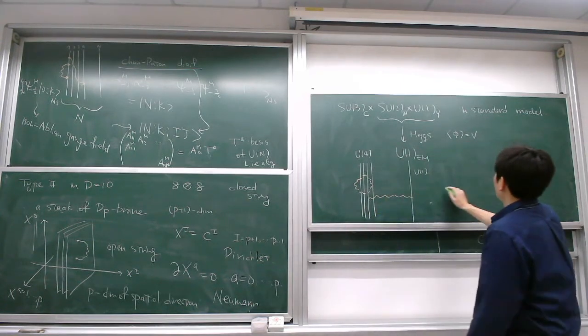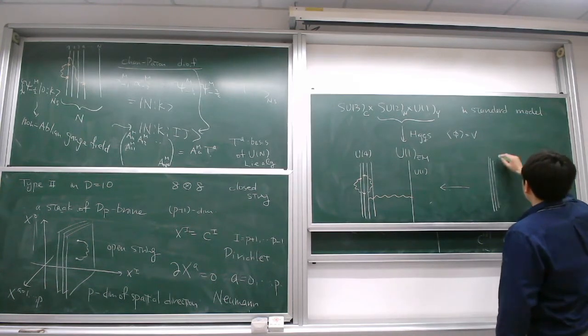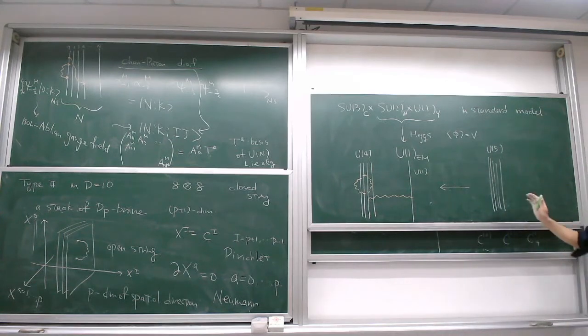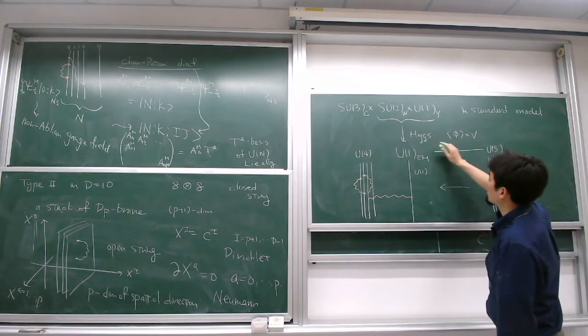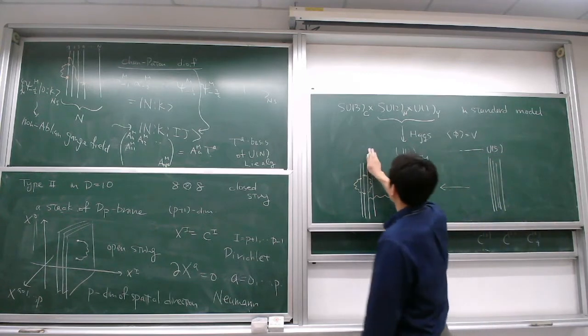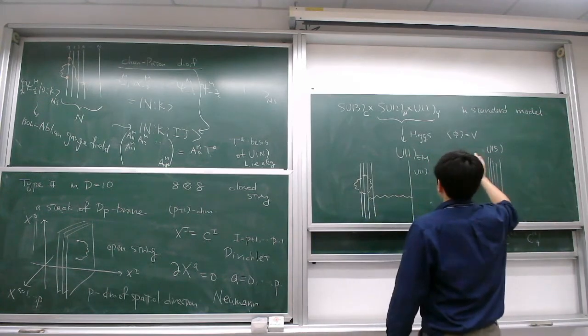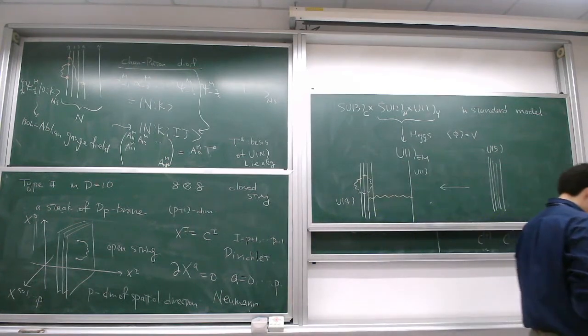Previously you had only U(5). If you move one of the D-branes to the right, U(5) is broken to U(4) times U(1).